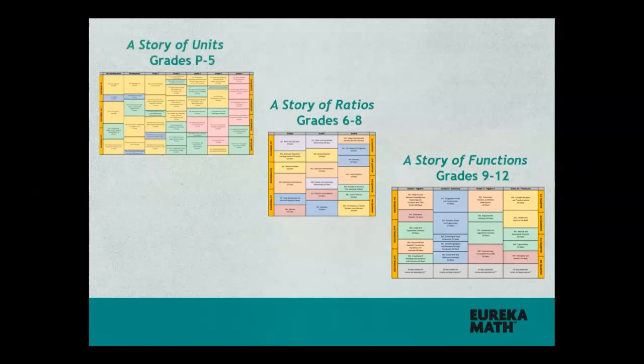Finally, from a bird's-eye perspective, keep in mind that you're sharing the next chapters in a child's larger mathematical journey. From pre-kindergarten to grade 12, through A Story of Units, A Story of Ratios, and A Story of Functions, you're part of a team.